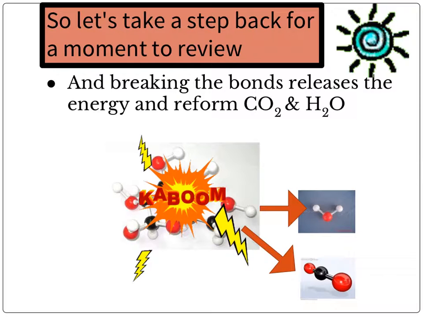That will release the energy that was stored inside that sugar. And after doing so, look what comes back. Water and carbon dioxide. So you put in water and carbon dioxide, and you get a sugar molecule, then you break that sugar molecule, which releases energy, and the atoms are reconfigured back into water and carbon dioxide.